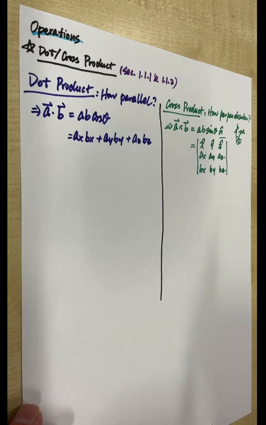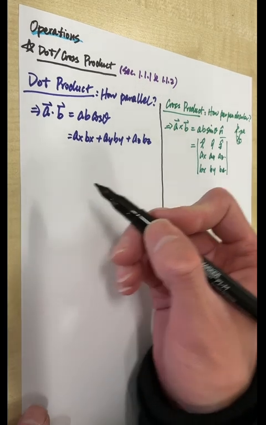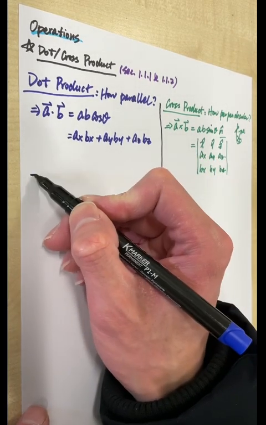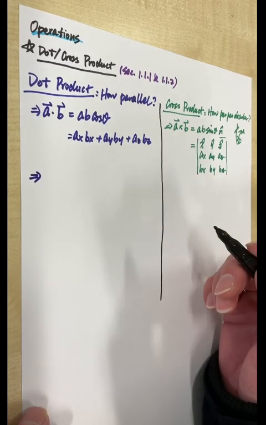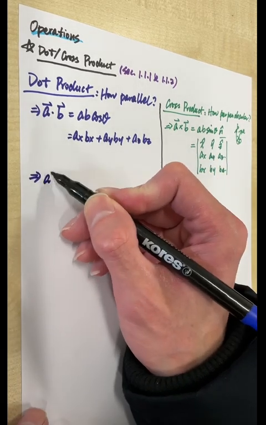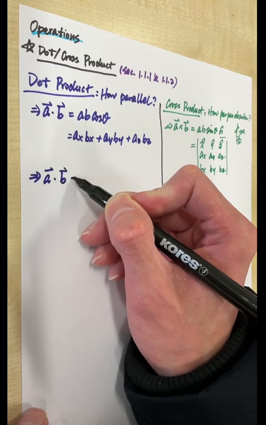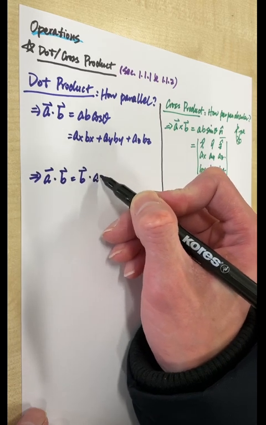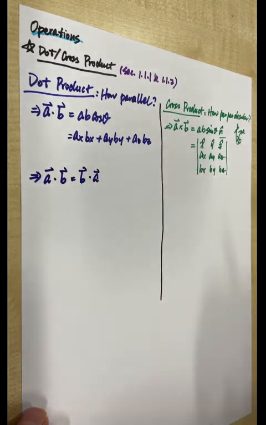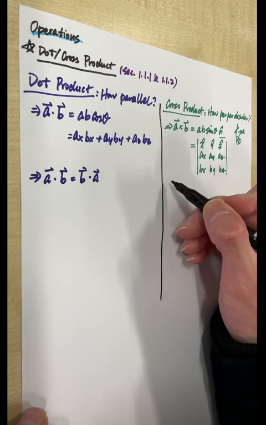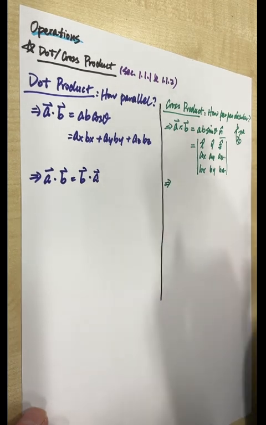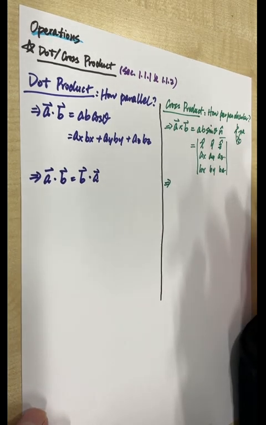A very important property for dot product is that dot product is commutative. So we have A dot B equals B dot A. But in comparison, cross product is anti-commutative.